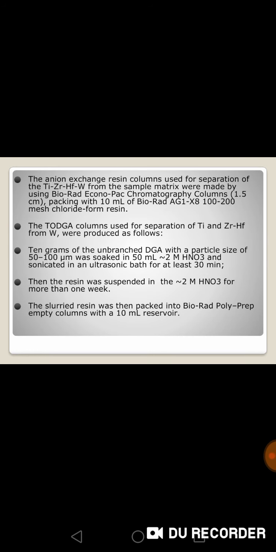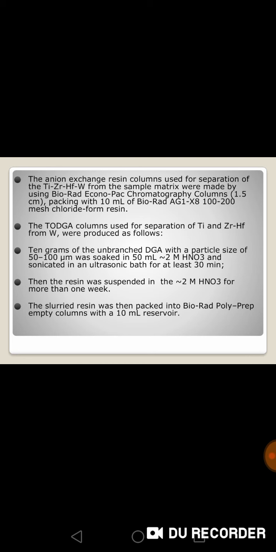The ion exchange resin column is used for the separation of the four elements titanium, zirconium, hafnium, and tungsten from the sample matrix. As the sample matrix contains a lot of elements, we have to filter these out first, and then the tungsten.